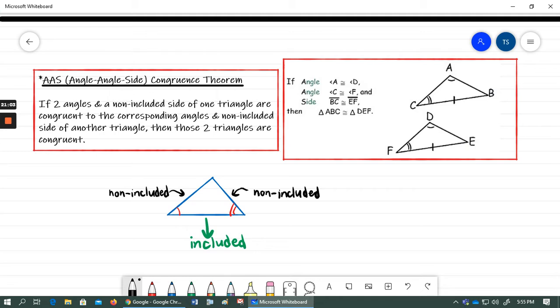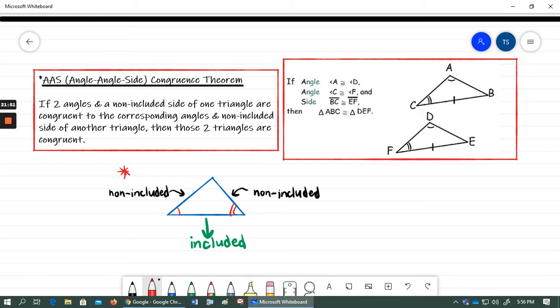Now, folks, clearly, if we know that there is an included side for two adjacent vertices, for two adjacent angles, if we know that there is one included side out of the three sides in the triangle, if there's only one side that's included between two angles, then you should clearly know that there are two options that we technically have for non-included sides, as in not included between two angles.